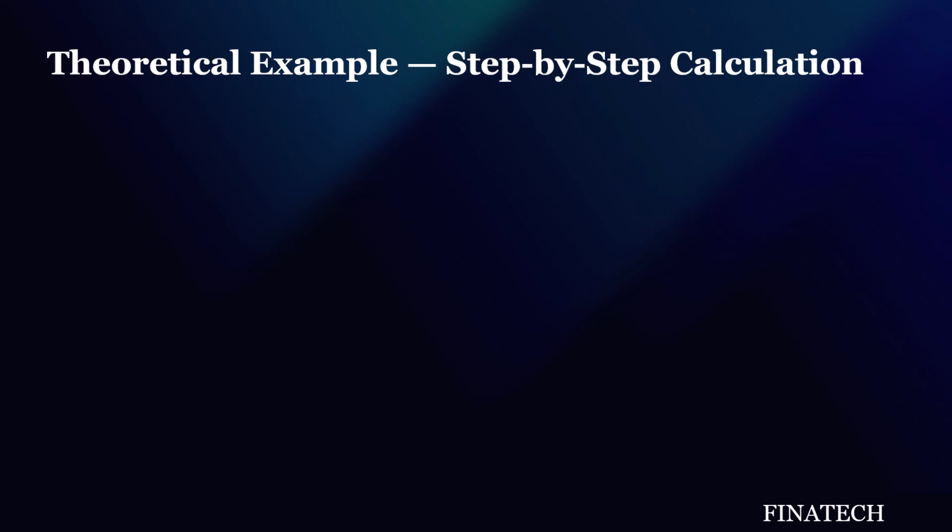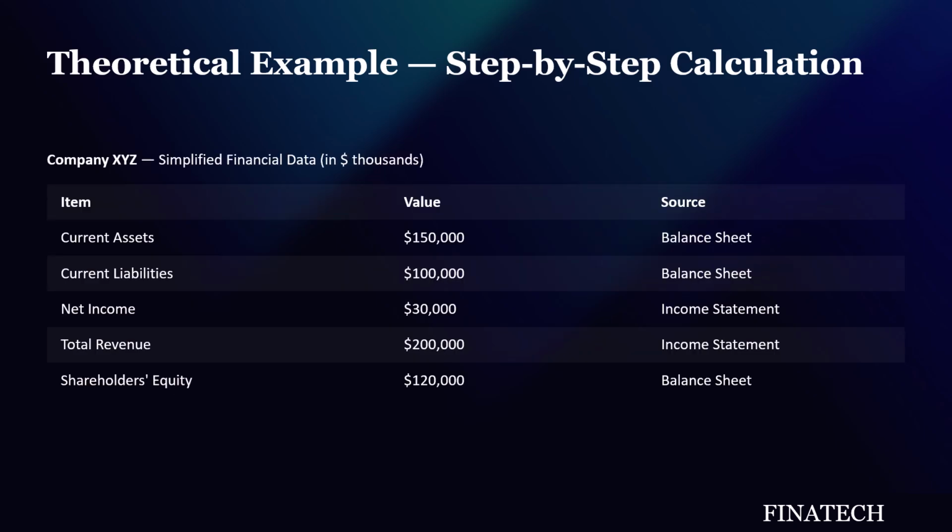Theoretical example, step-by-step calculation. Company XYZ, simplified financial data in dollar thousands. Current assets 150,000, from the balance sheet. Current liabilities 100,000, from the balance sheet.